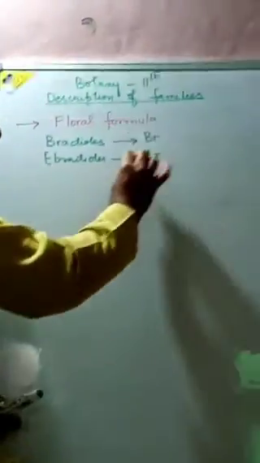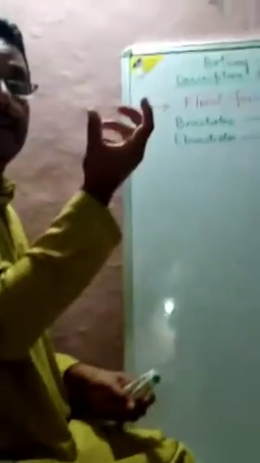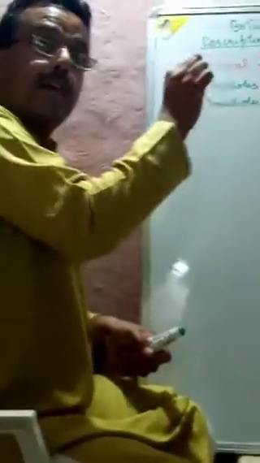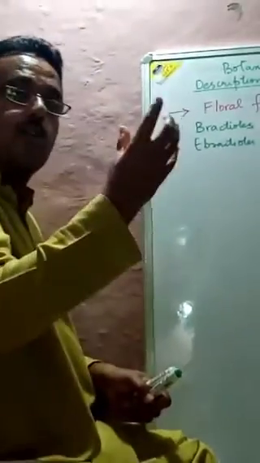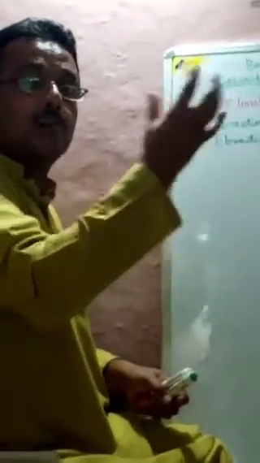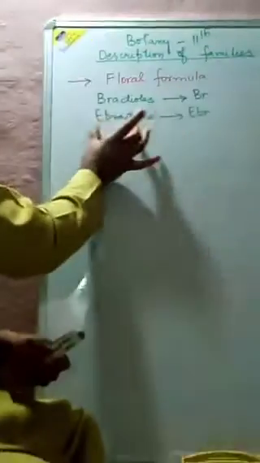If we write BR, this means the bracteoles are present. If we do not write BR in the floral formula, we take it for granted that bracteoles are absent, and then we do not need this term.